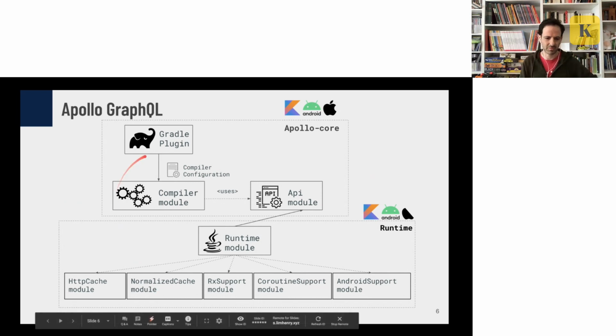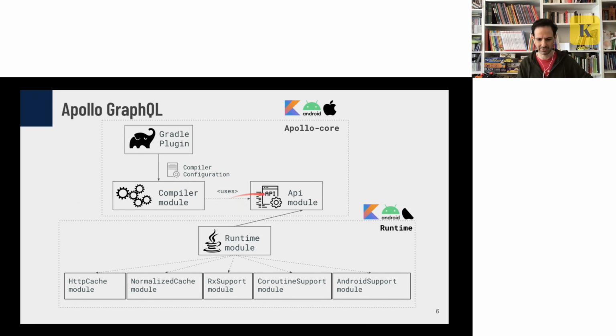The Gradle plugin calls the compiler, generates Kotlin models, and these Kotlin models use what we call the API module. The API module is really the base core of Apollo. It's where the JSON parsing happens, and also where the most basic fundamental data structures are that are going to be used by the rest of Apollo.